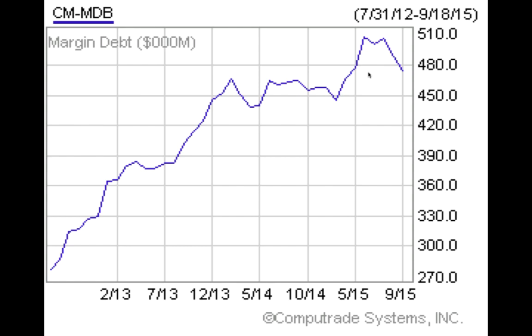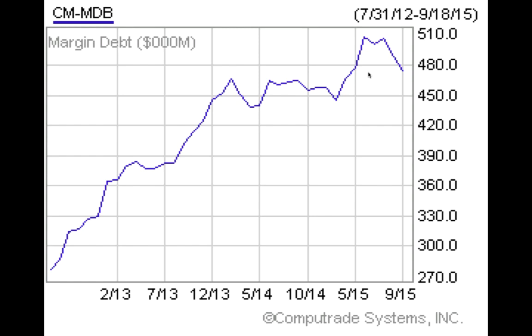NASDAQ rose about 3.5%. That is not at an extreme level. When you see a jump where the short interest jumps about 8 or 9%, something like that would also be a contrarian indicator because everybody's just shorting anything that moves. That's usually a time when you could actually go against the crowd and move in.